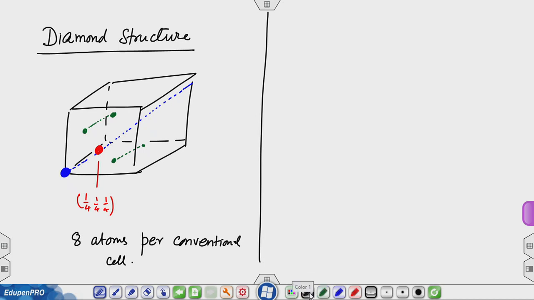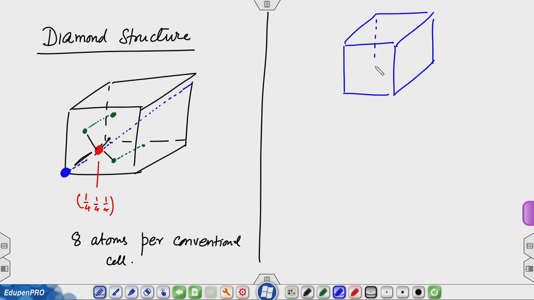So, if you look at a set of nearest neighbors, I am going to have one right here, one is right here, one is below down here, and one is going to be on this surface. So, the way you can look at it is that these atoms or nearest neighbors are located as follows.